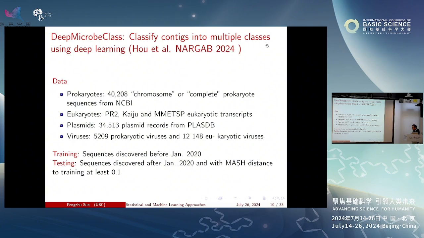When we do deep learning, we need training data as well as testing data to evaluate it. For the training data, we tried to simulate the real-time scenario.